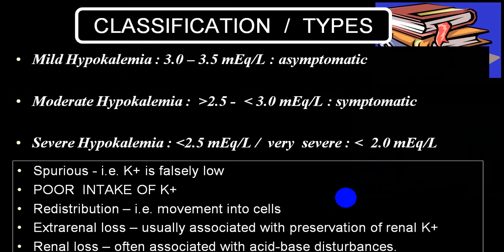Moderate is between 2.5 to 3, that is the symptomatic group, less than 2.5 is severe, and less than 2 is very severe. Depending upon the etiology, it may be spurious, or we call it factitious or pseudo hypokalemia, or because of poor intake of potassium, redistribution, extra renal losses and renal losses.